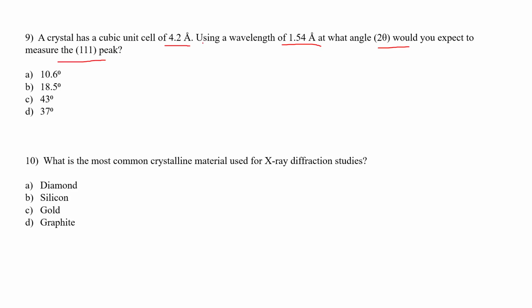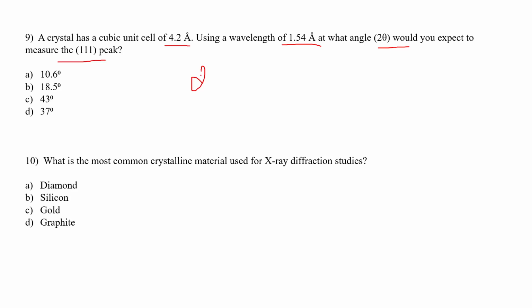So basically we need to calculate the value of theta. For that you need to know the value of the d spacing, and you are given the wavelength, the cubic unit cell parameter, and your plane.